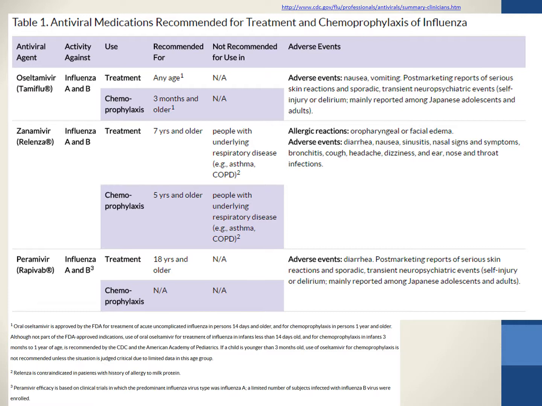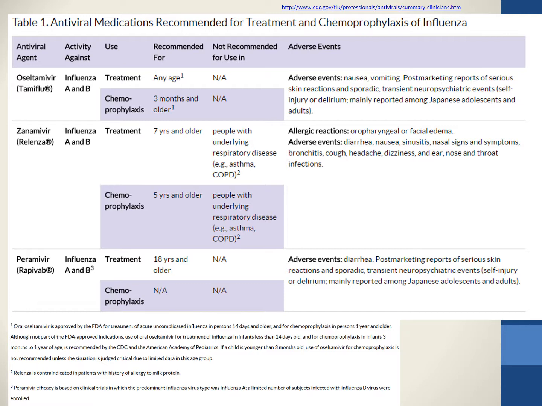I include this table because more than even remembering the fine detail of this for your lifelong learning, I wanted to introduce you to where to find this information every flu season. You should definitely go to the CDC recommendations annually.